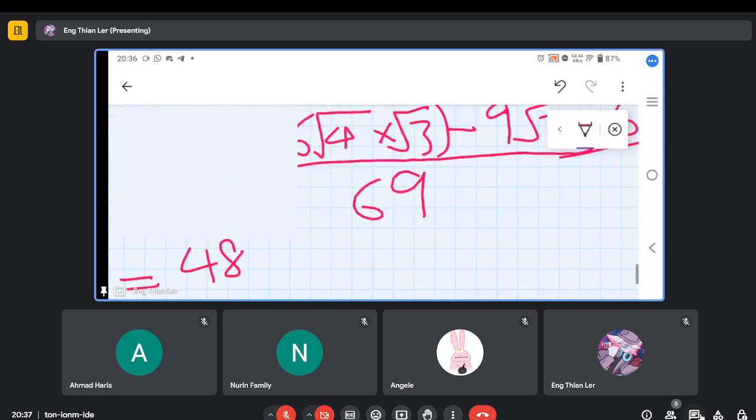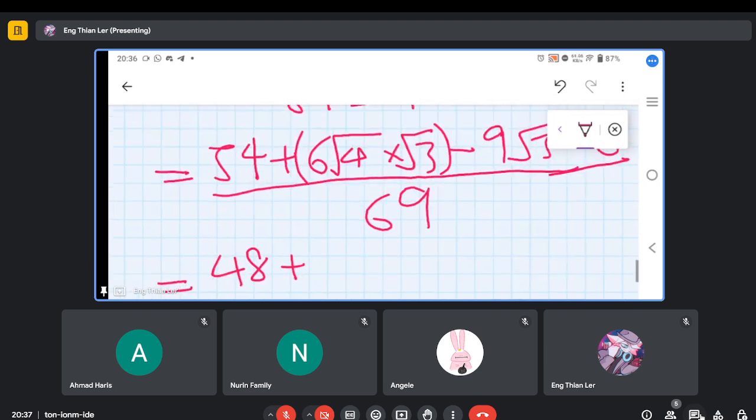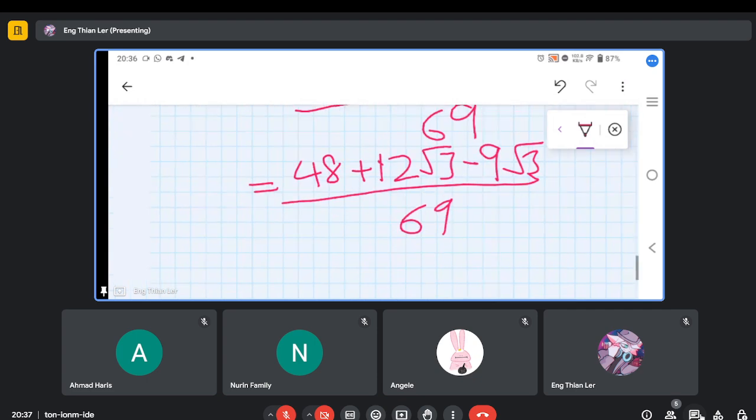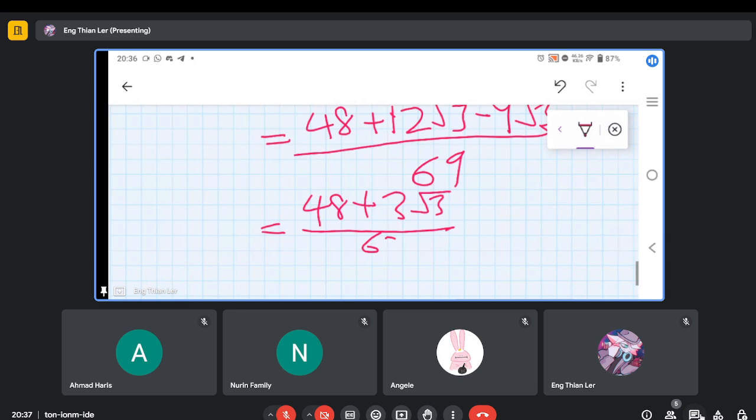48 plus this sub 4 is actually 2. So 2 multiplied by 6 is 12. So this becomes 12 sub 3 already, and minus 9 sub 3, all over 69. And then we simplify: 12 minus 9 is 3. And then this is not the final answer yet.